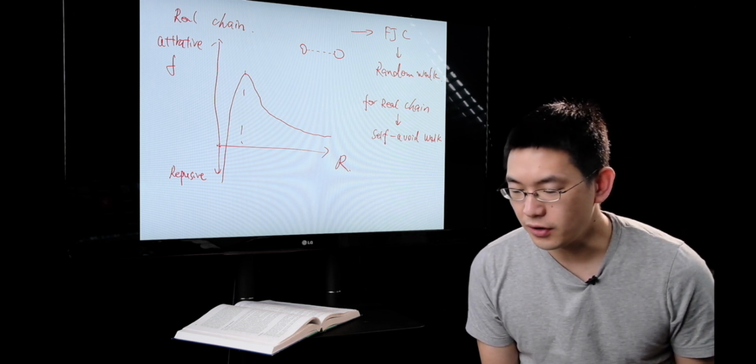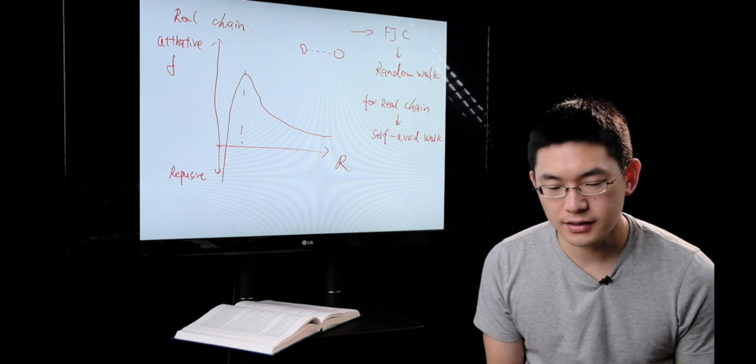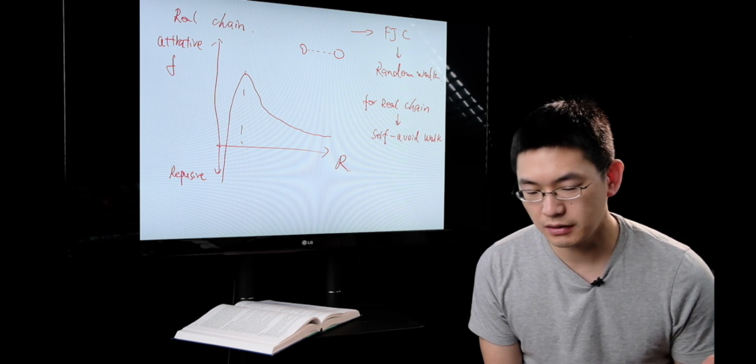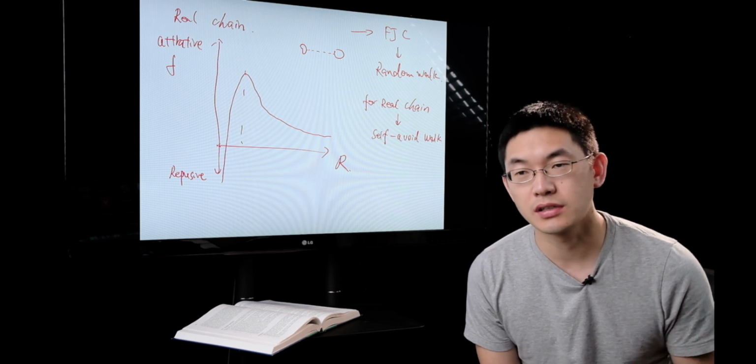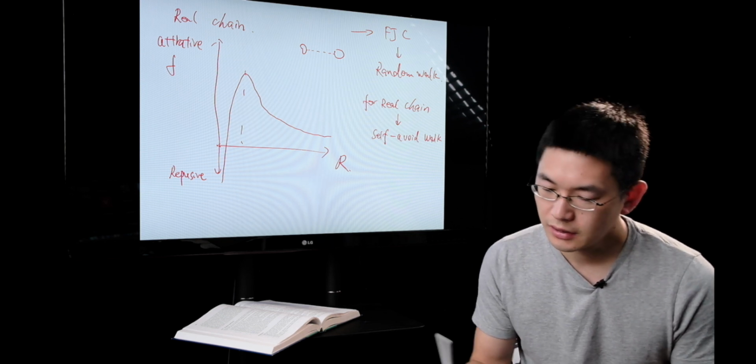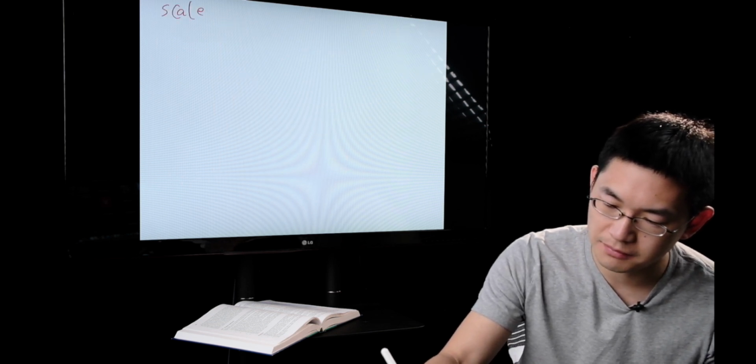This self-avoiding walk causes an effect we talked about in the last lecture, called expansion, an increase in the size of your coil. And we discussed the scaling concept, and we remind everybody again.